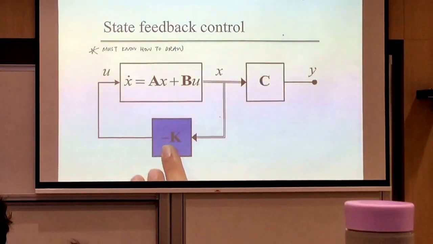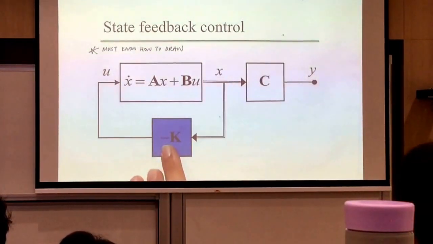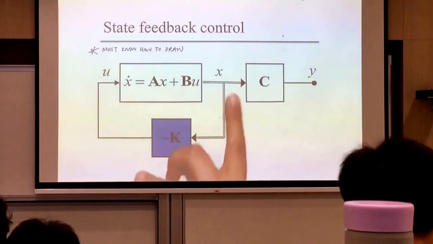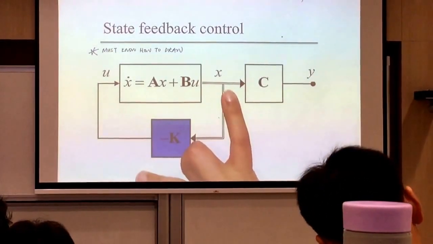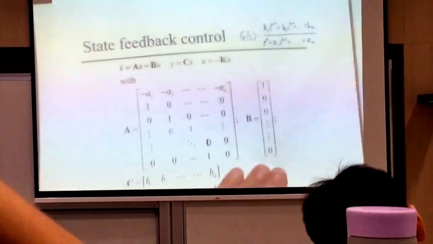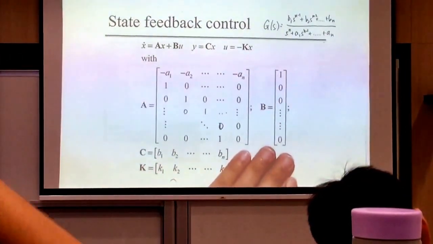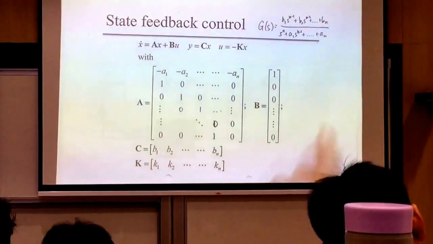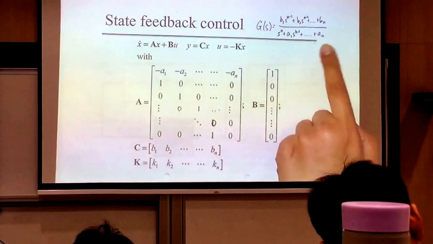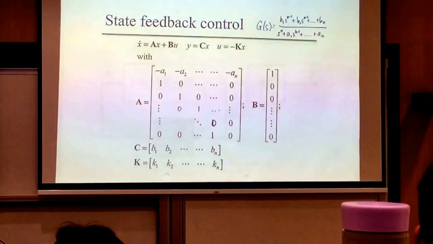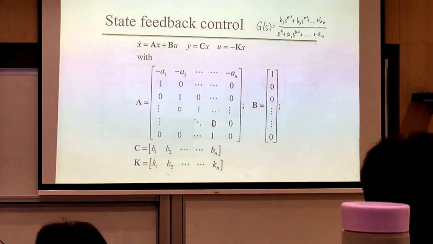So u equals minus Kx. You put your system in controller canonical form for such a transfer function. Don't use this slide; what is more important is the next slide.